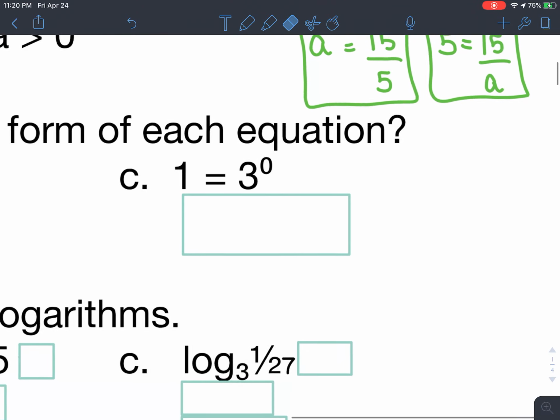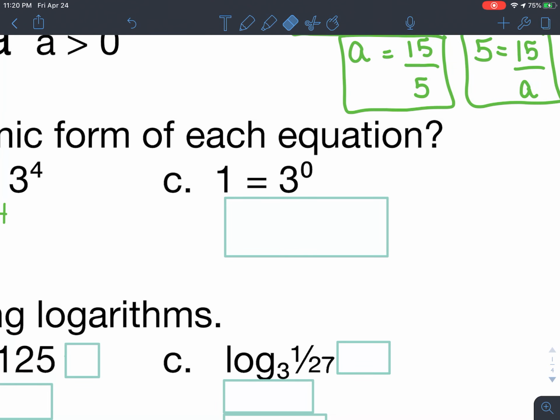All right, let's look at this one. So first we're going to write log. This is the base. The answer to a log is an exponent, and this number only has one place to go.